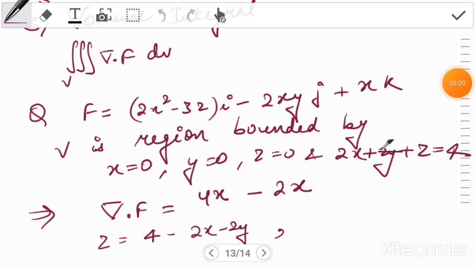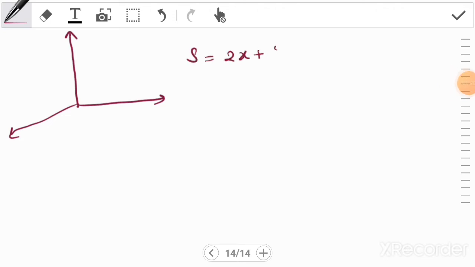Yes? Let us show this planar surface on the xyz plane. Since all the coordinates are positive, this surface lies in the first octant.